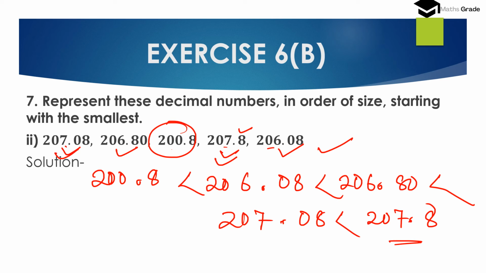So the smallest decimal is 200.8 and the largest decimal is 207.8. So the arrangement from the smallest to the largest decimal is 200.8, then 206.08, 206.80, then 207.08, then 207.8.